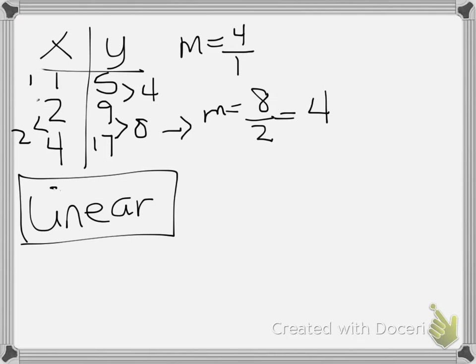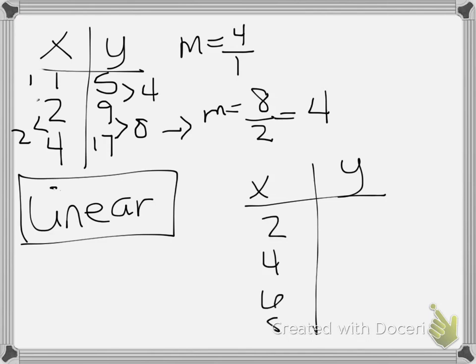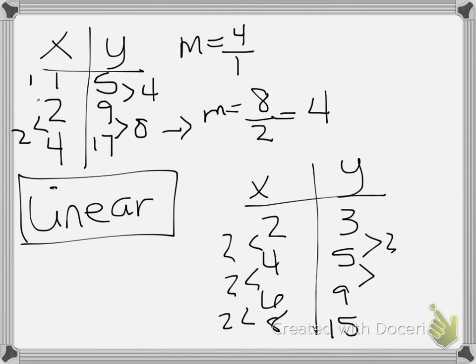So to find a nonlinear table, you're looking for something that might have like 2, 4, 6, 8, 3, 5, 9, 15. Well, this is going up 2 every time, but this goes up 2, and then it goes up 4, and then it goes up 6.